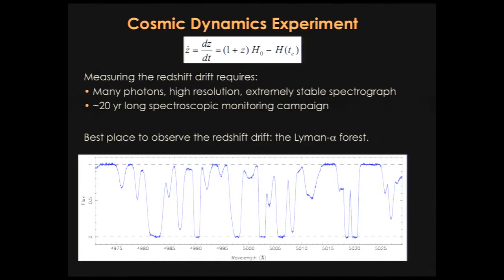You wait some time and observe again. And if the velocities have changed, you have a variation of velocity over a variation of time, which by definition is an acceleration. You will be able to actually see the universe accelerate in real time.